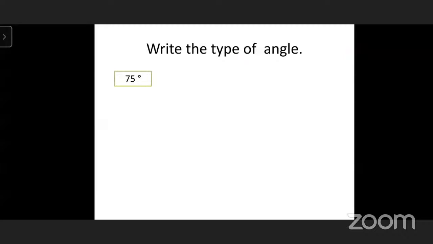Bhumi, you can unmute the audio here. What type of an angle is it? Right angle. Sorry, acute angle. Very good. It is an acute angle because it is less than 90 degree. Okay, we'll move towards the next question. Now tell me, 90 degree means it will make which type of an angle?